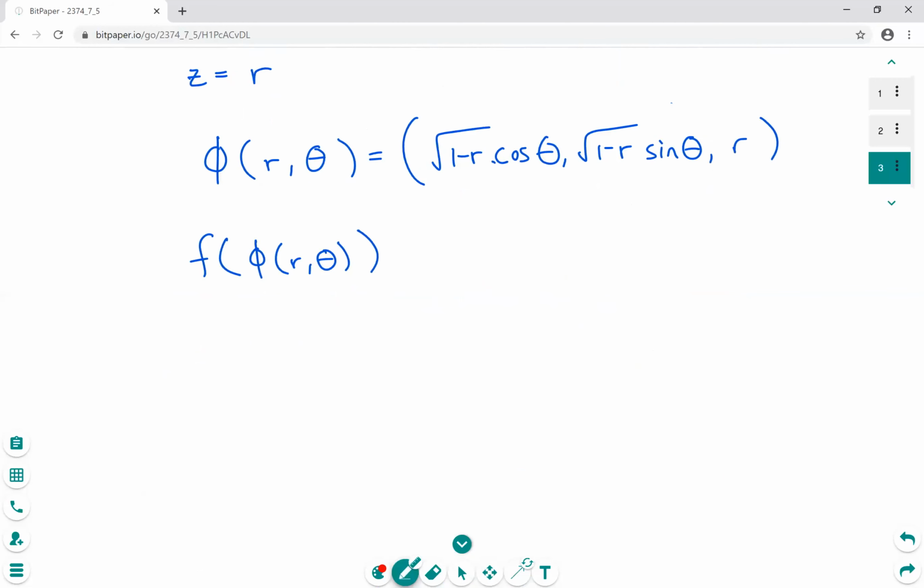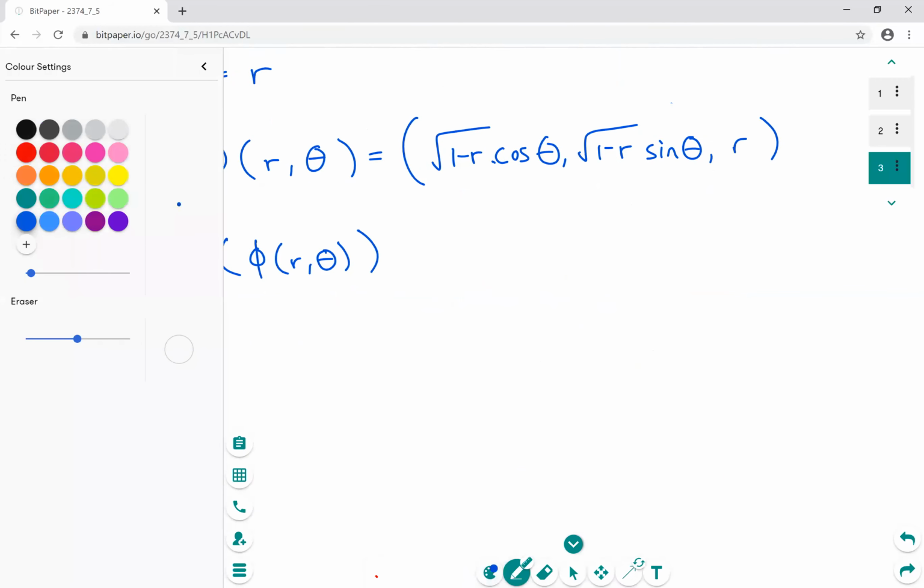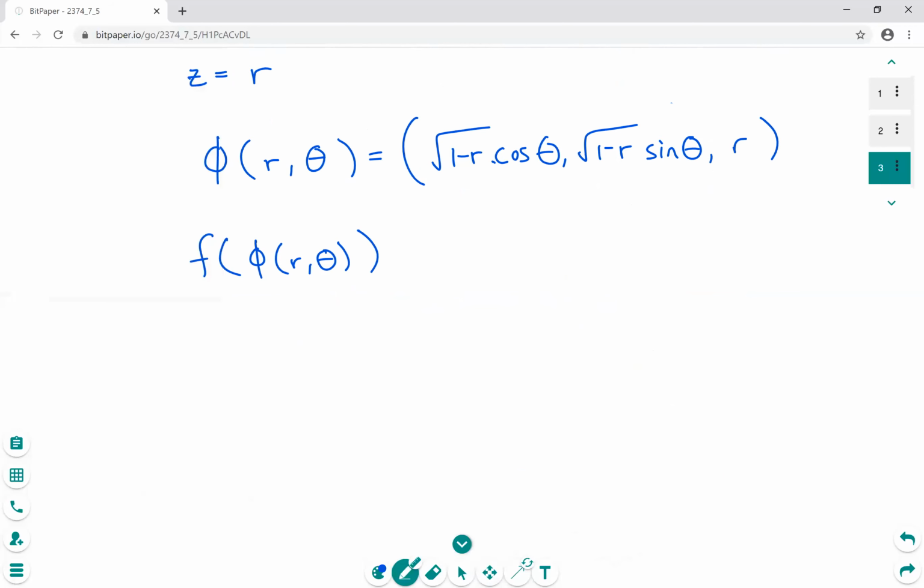So we need to find out this, which is, well, f we already established this is 1 minus z. So, well, z is r now. So f of phi is just 1 minus r. So now we need to find our tangent vectors in order to find the normal vector.